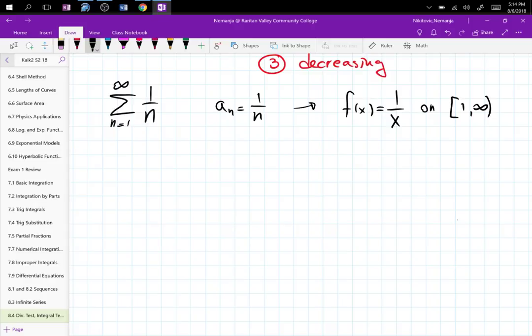So this is what I need to get my conditions. So check the three conditions. If the three conditions hold, then you are allowed to integrate 1 over x. If one of those conditions fails, you cannot use this test. It's very simple. All right, let's go.